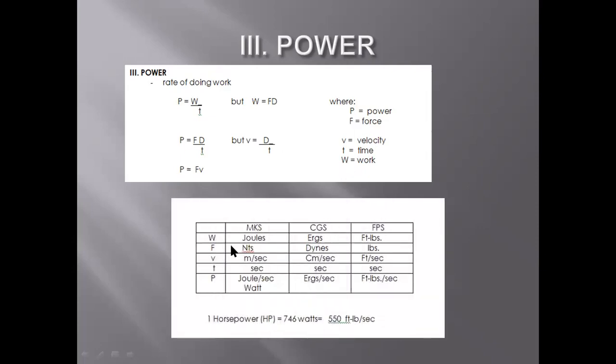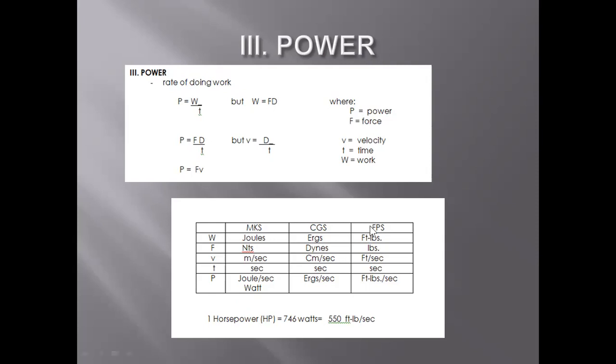Now, the following, we have the units, okay? For your work in SI or MKS, that is in joules; in CGS, that would be in ergs or centimeter grams per second. And then for English or FPS, we have foot pound force for your work. Then we have your force, that is newtons in MKS, dynes for CGS, and pound force for English.